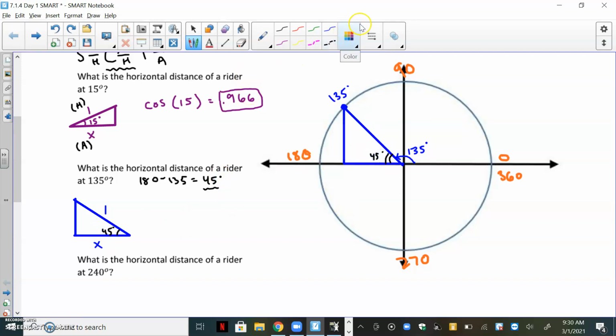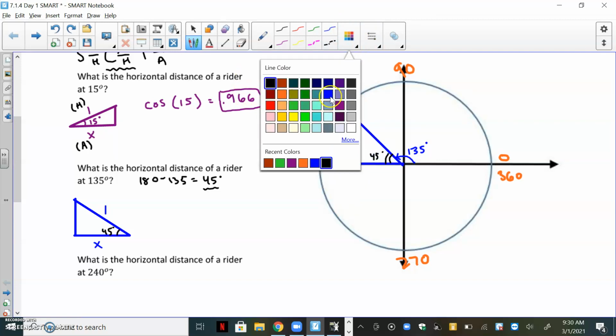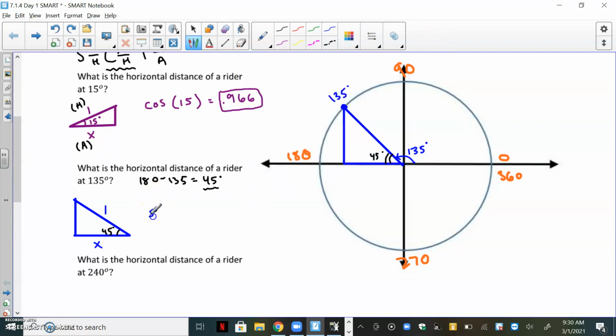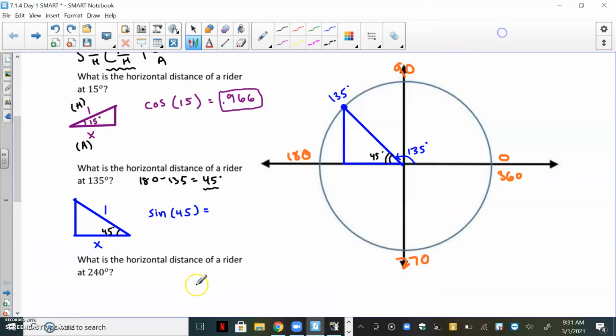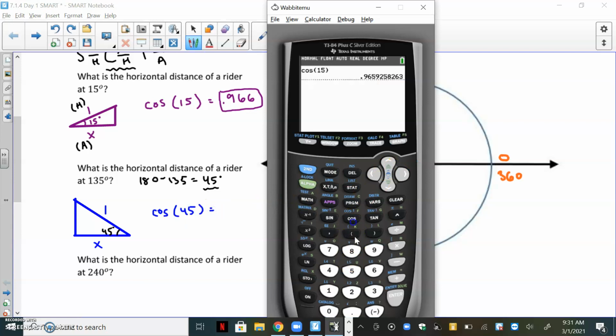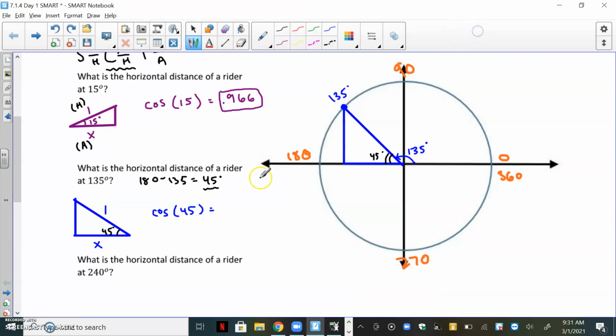Okay, so now in order to find the horizontal distance, all I have to do is take the sine of 45. So let's put that in our, sorry, I totally wrote sine when it's clearly supposed to be cosine. Oh, geez. All right. So cosine of 45 is 0.707.